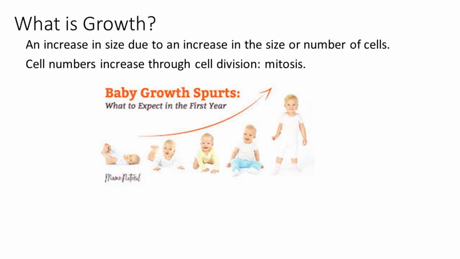So in biology, when we talk about growth, we're actually talking about an increase in either the size or the number of cells. Although we almost always mean the actual number of cells has increased, and you should know now that increasing the number of cells in an organism happens because of mitosis.